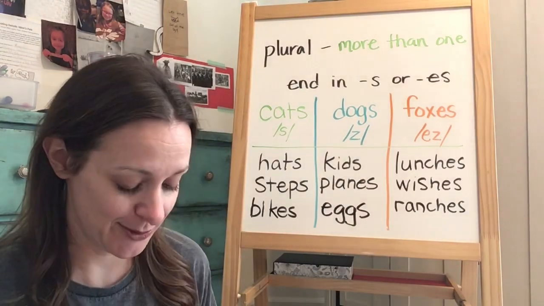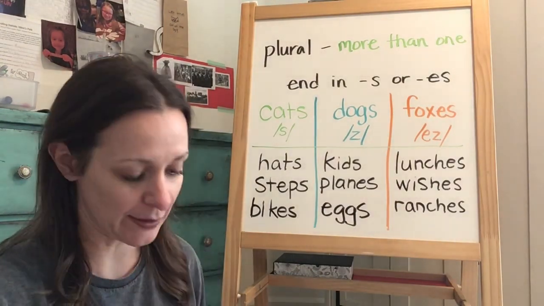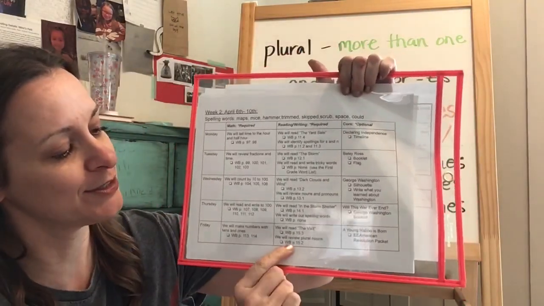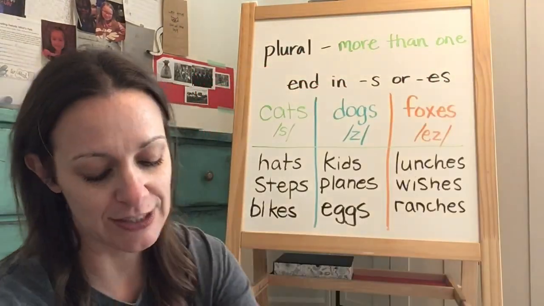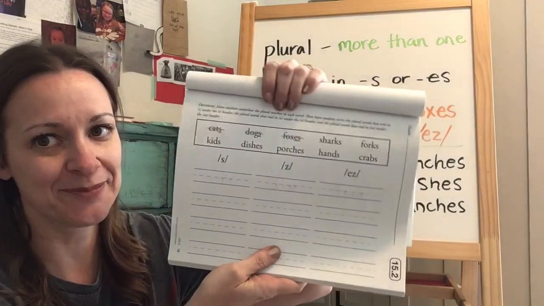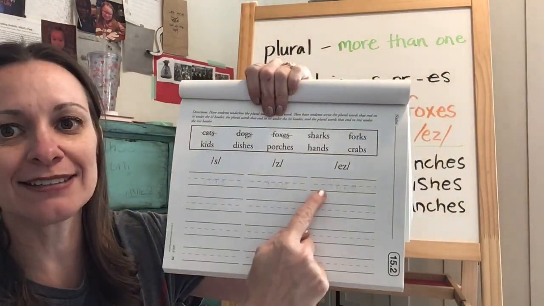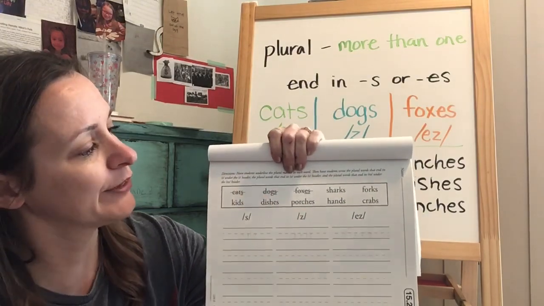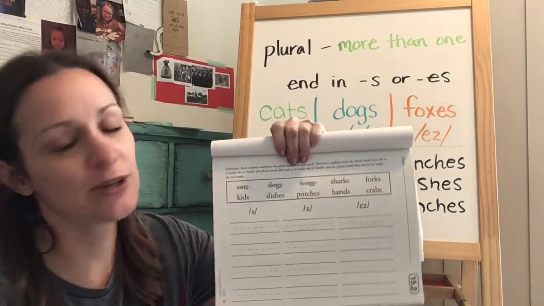Now you're going to do this in your workbook. You can tell on your schedule that you're going to do 15.2, which is right here. We have cats, dogs, and foxes, just like I had on the board, and those are crossed out for you. You have a few more words to read.